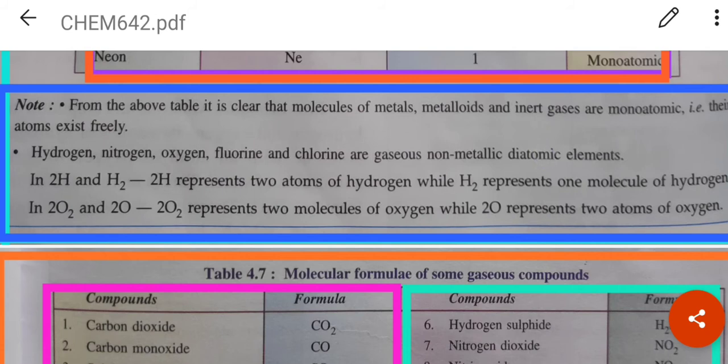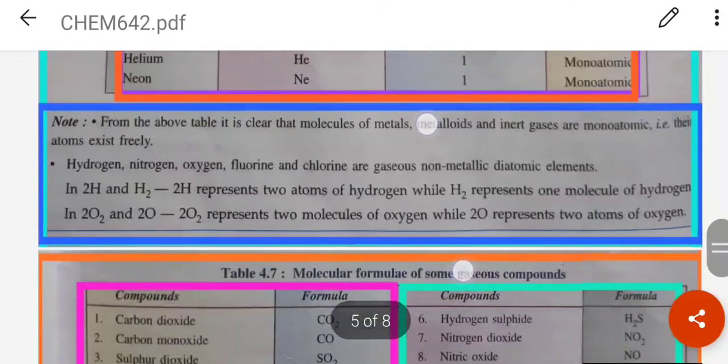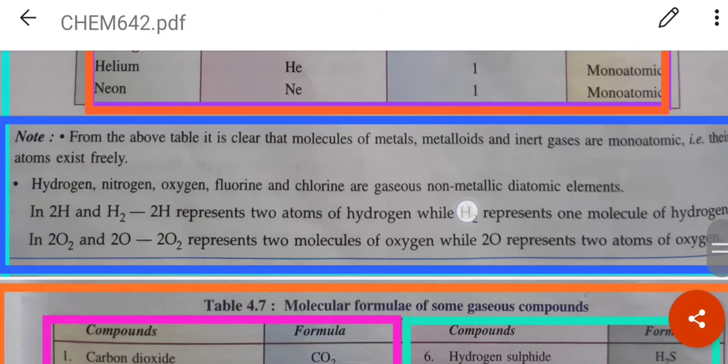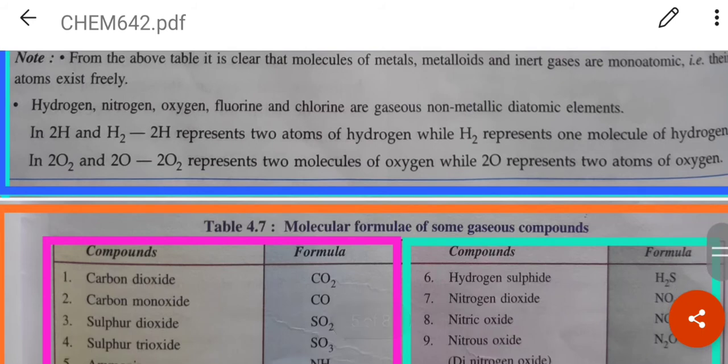Now you see 2H. 2H represents 2 atoms of hydrogen, while H2 represents 1 molecule of hydrogen. For example, in the case of oxygen, 2O2 represents 2 molecules of oxygen. But if I take 2O, it represents 2 atoms of oxygen.